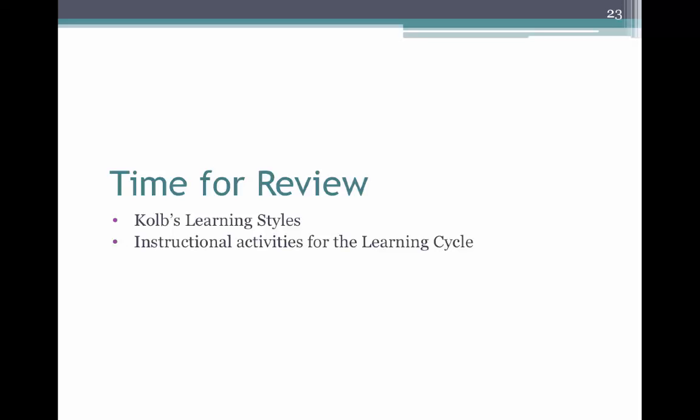Further, we discussed how all these learners plot on different points on the processing and perception continuum, which makes it very important that instructional activities for all parts of the learning cycle be planned. We discussed the diversity of techniques available to ensure that all four stages of the cycle are reached, as well as all four types of learners be engaged.